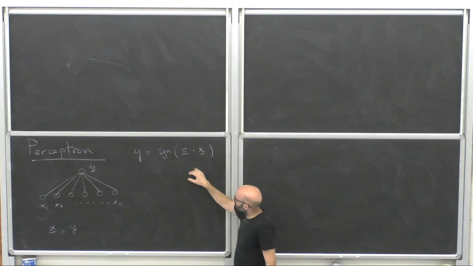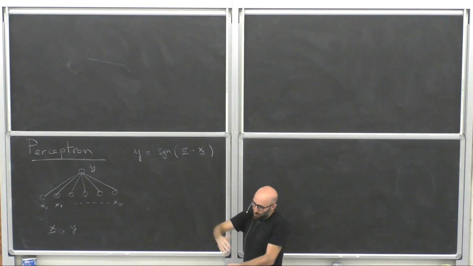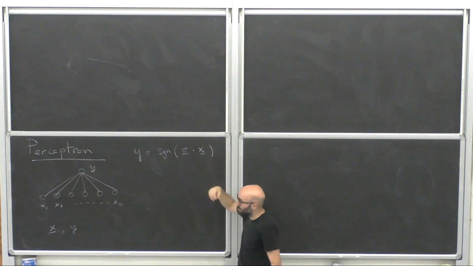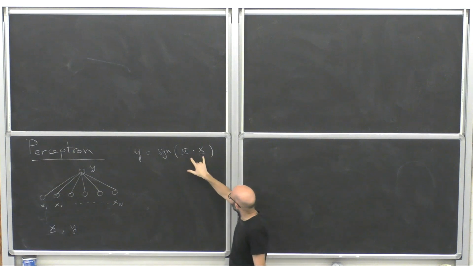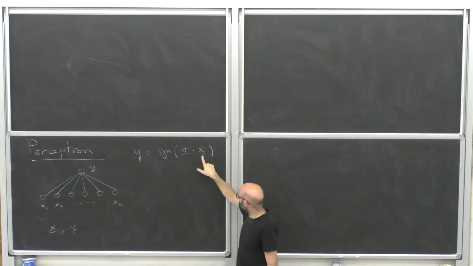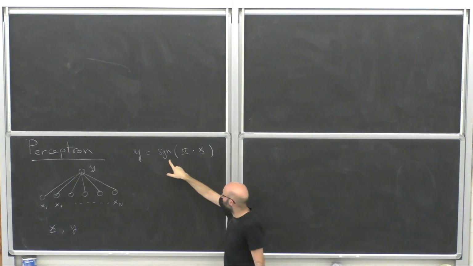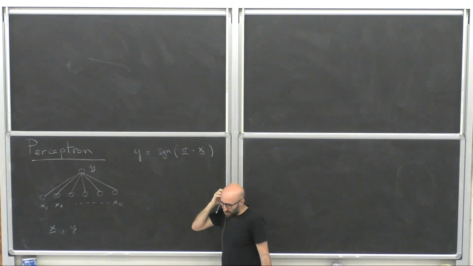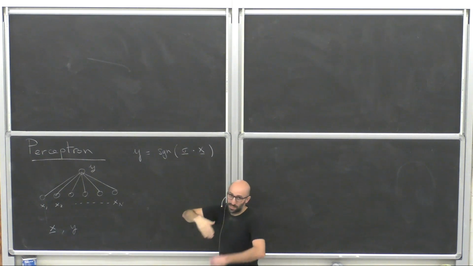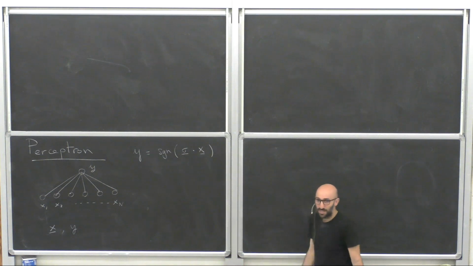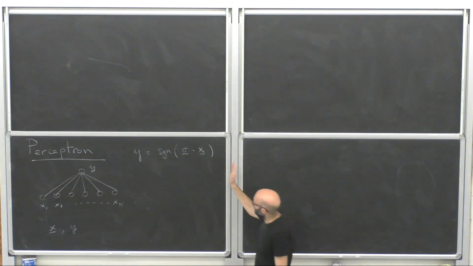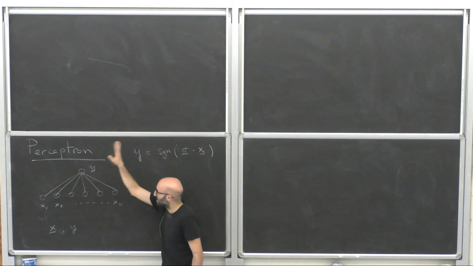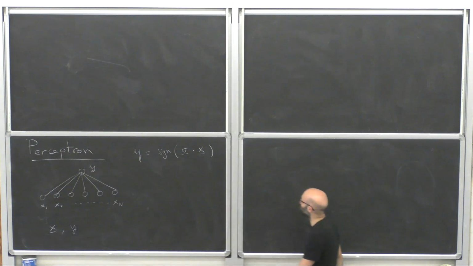I say this is the first block of a deep neural network because it has this structure where you do a linear transformation on your input and then you apply a nonlinear function. Here it is the sign. In general, you can replace the sign by hyperbolic tangent or something else, and then you can stack many of these and you get your deep thing.